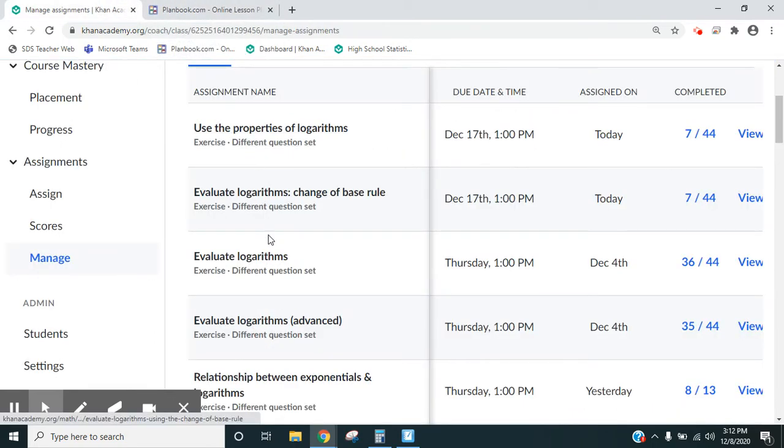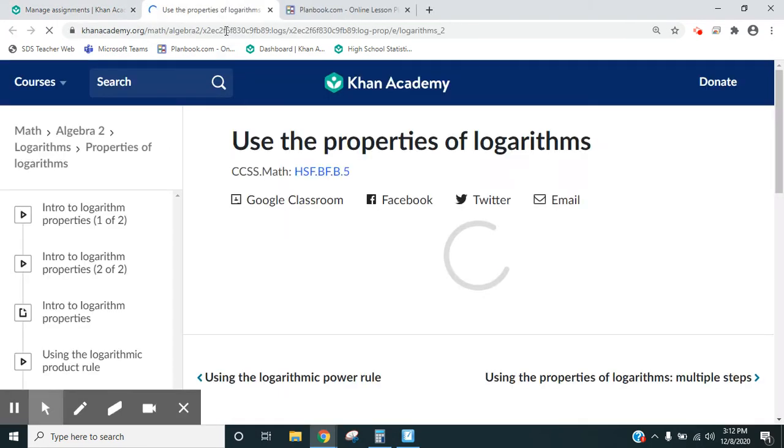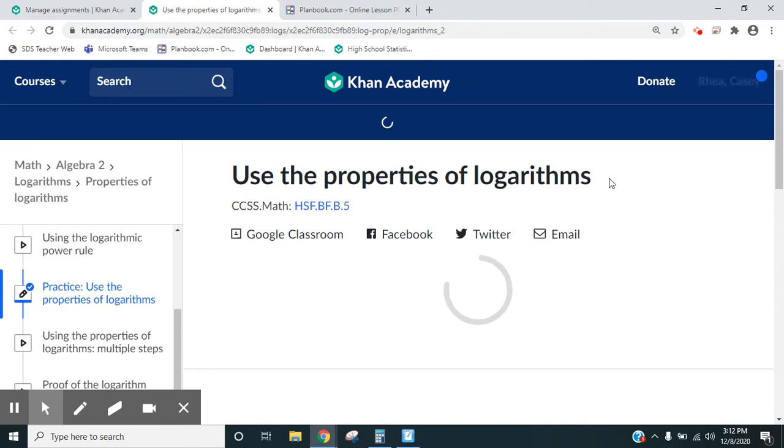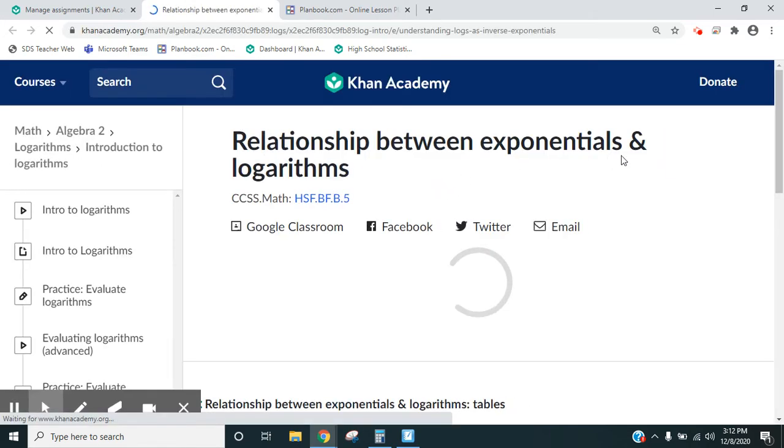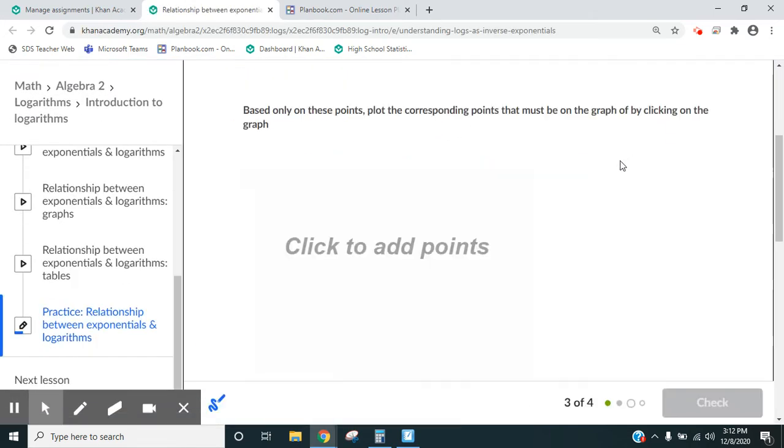Let's go check out this assignment here. Use the properties of logarithms. Actually, no, let's do this relationship between. So remember, exponentials and logarithms are inverses of each other. That's important to remember, right?